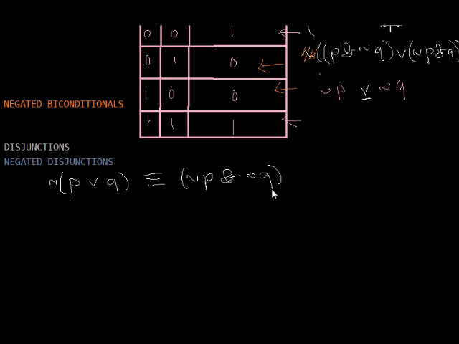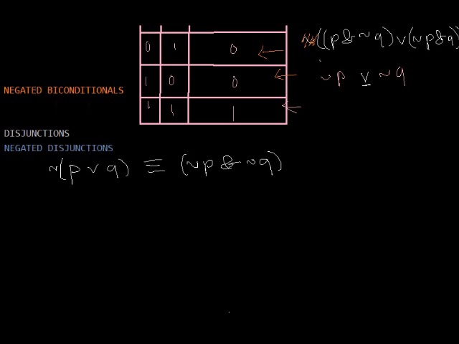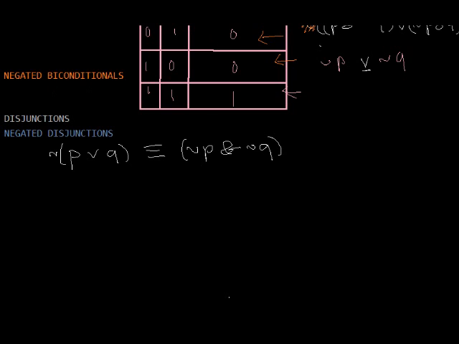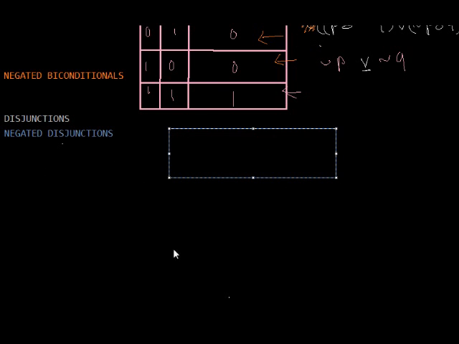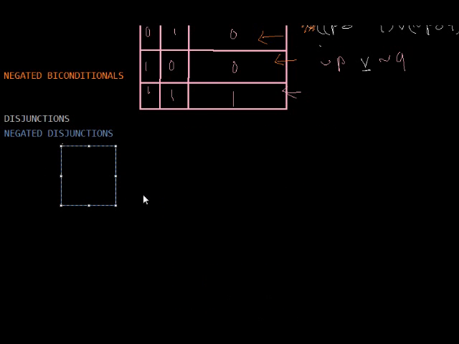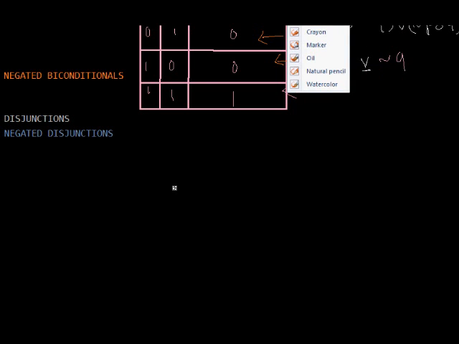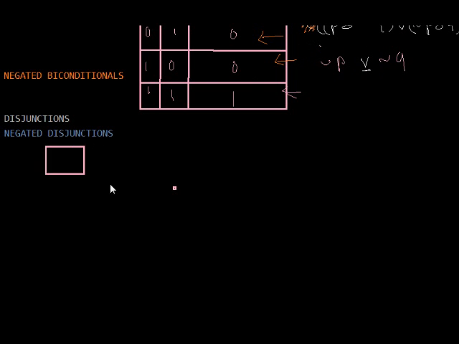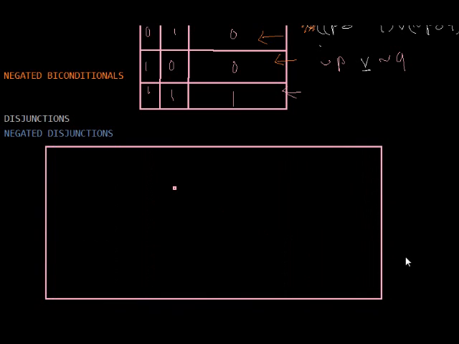Let's actually do a truth table for this, just to make it a little more clear in everyone's mind. So we'll erase this so that we can rewrite it smaller. We'll do a truth table, which for some reason has a little pink square. I don't know why.